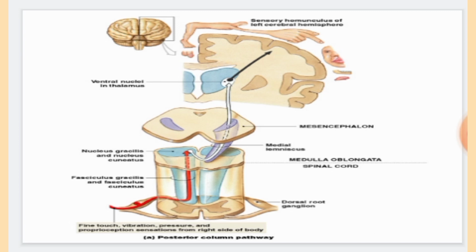Next one is the medial lemniscus, a continuation of the dorsal column system in the spinal cord that conveys information about vibration and position sensation to the ventral posterior lateral, or VPL.